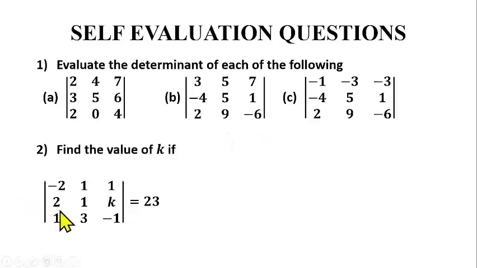You can send your answers to me via my email that I'm going to publish very soon on my channel or in this video, so as to get in touch with me in order to help you confirm whether you are right or wrong after solving this question. So that's all about the determinant of a 3 by 3 matrix.